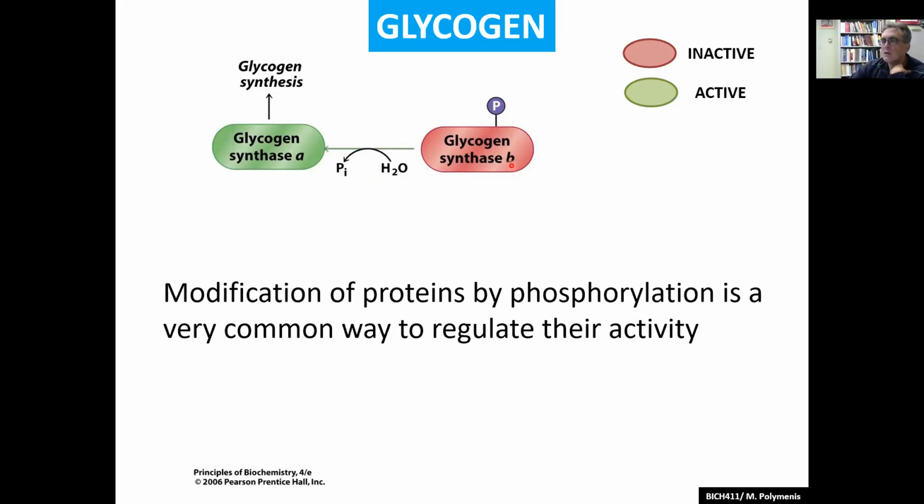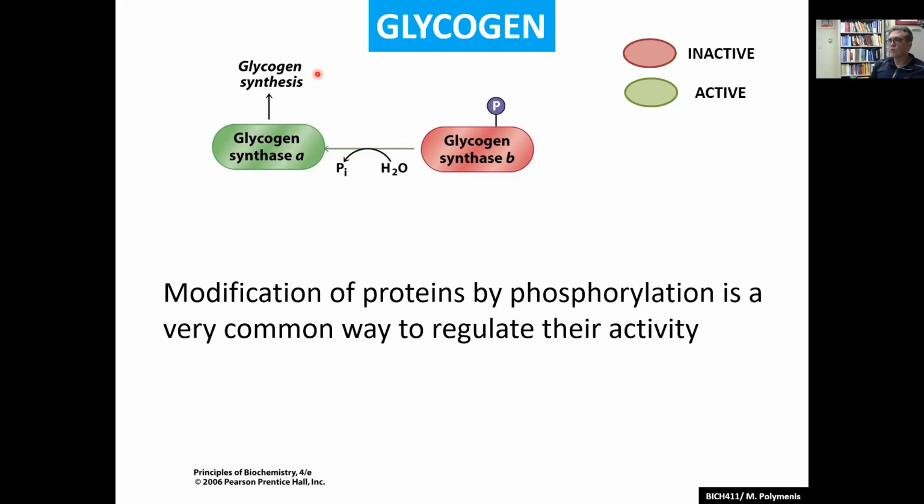Right? So in this case, glycogen synthase, if it is phosphorylated, as I said, is inactive. So if you give it glucose, it will not put it into glycogen. First, the eraser has to come in, remove this phosphorylation, which converts the glycogen synthase to an active enzyme, and now it can make glycogen.